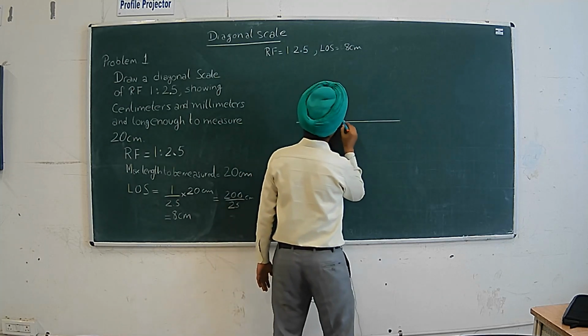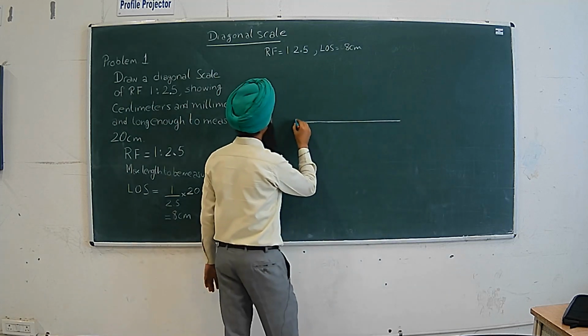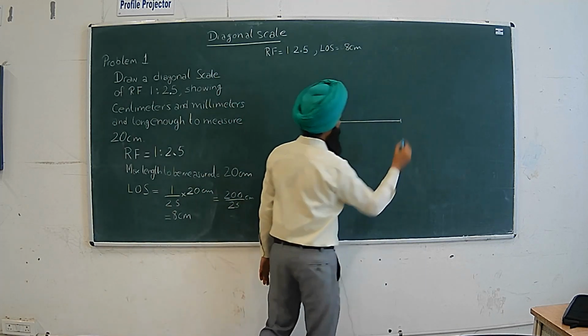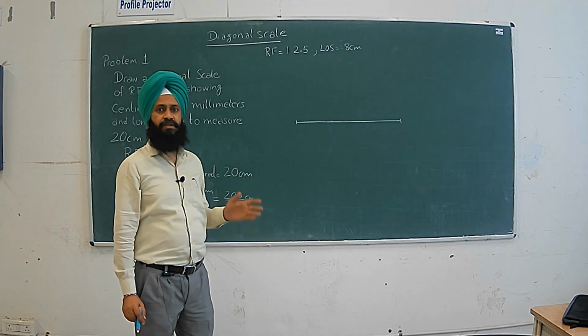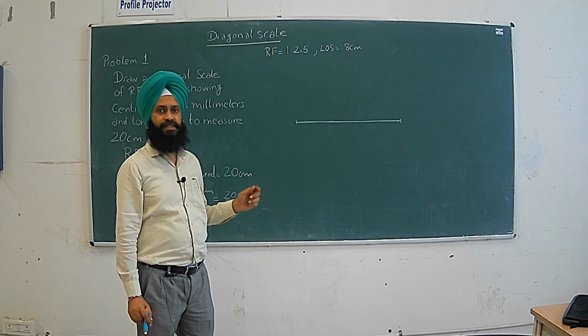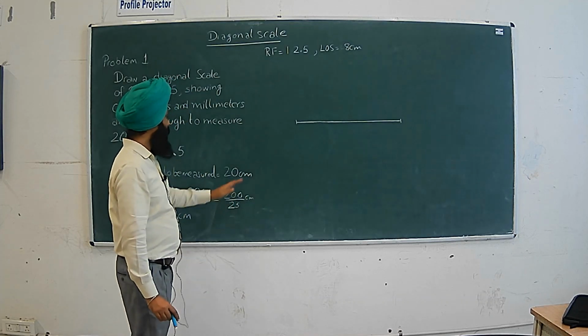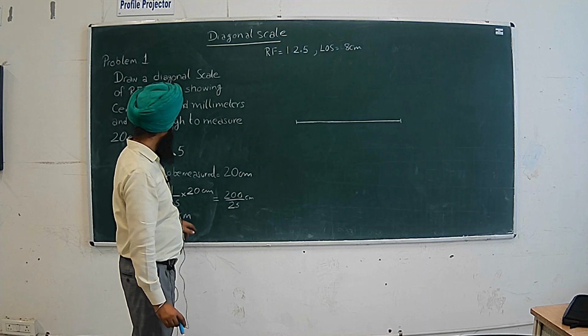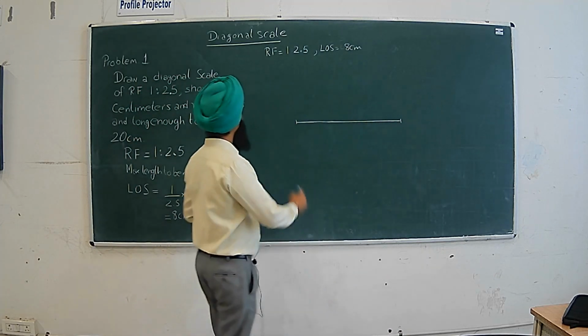So it is showing 20 centimeter. So mind this thing that it is showing 20 centimeter. The treatment of line will be according to 20 centimeter, not according to 8 centimeter. Okay. So this is 20 centimeter.